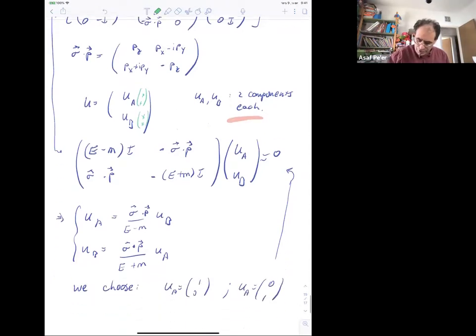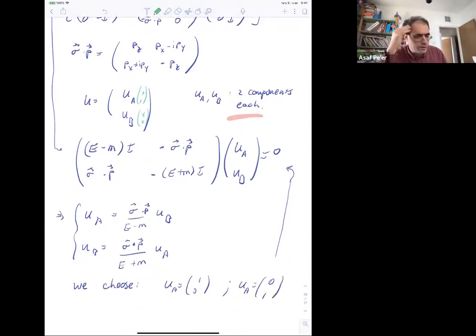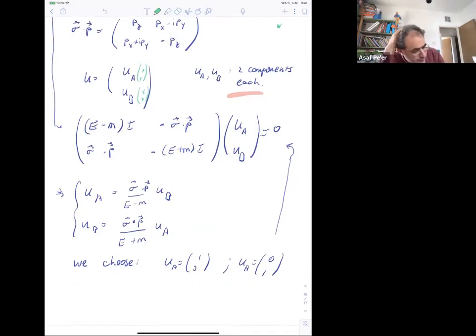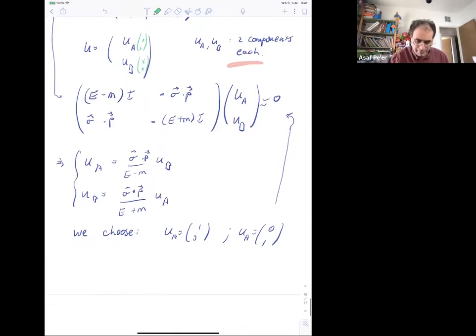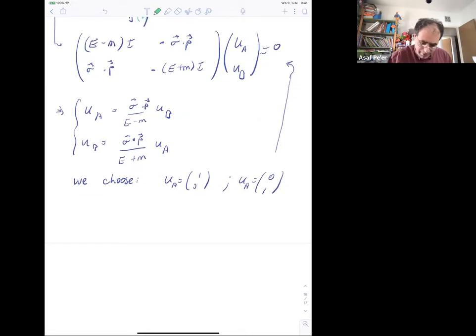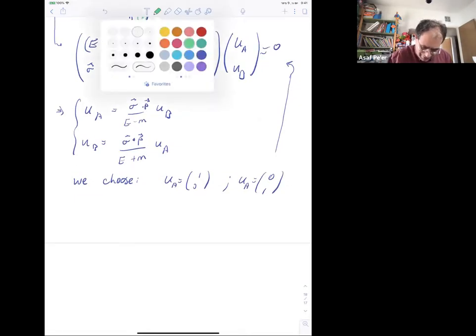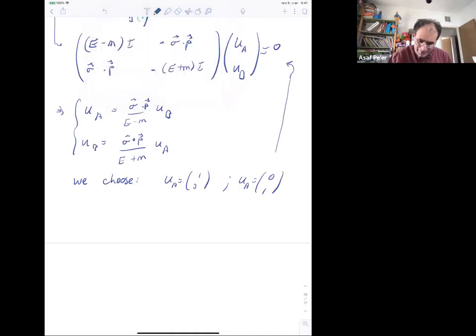So I just choose 2 orthogonal solutions for UA, and then I plug them in here using sigma dot P. And the results, up to normalization, which I'm elegantly skipping, are as follows. The normalization is not that trivial, by the way.